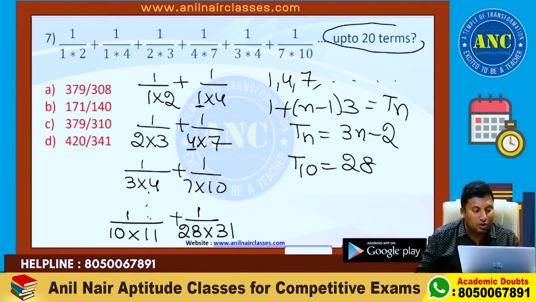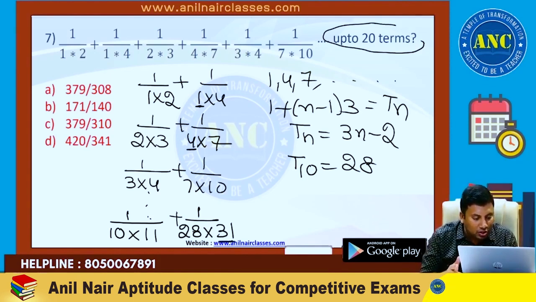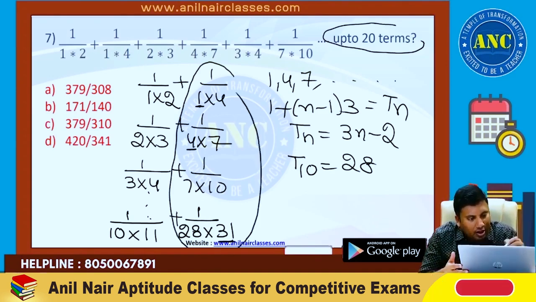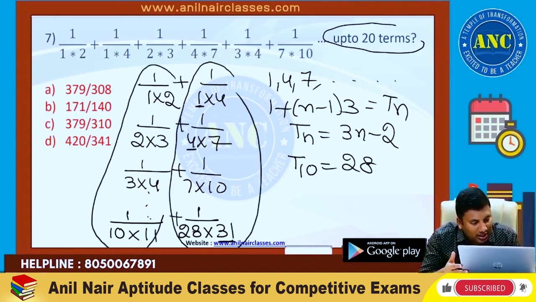Now we have to be right. What is the last numerical value? Last numerical value is 31. Answer should be 31. Now this is one series and this is another series. So in this series, what is the last numerical value? 11.